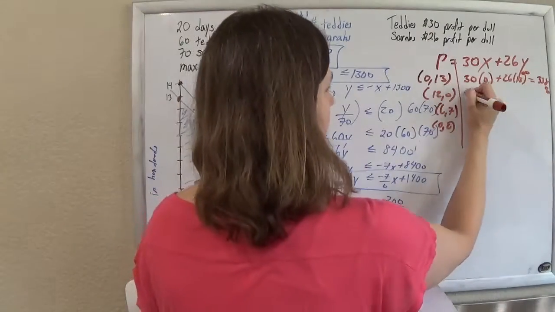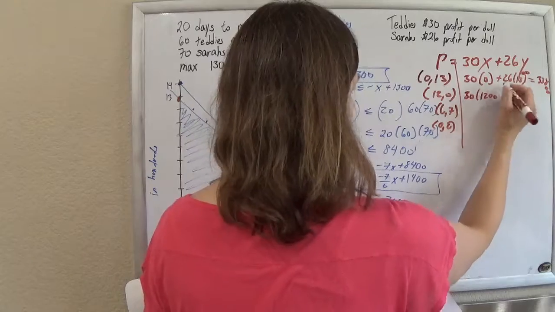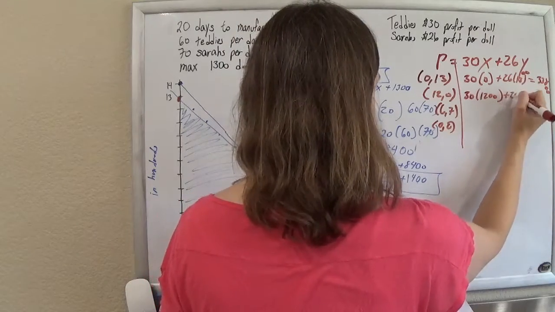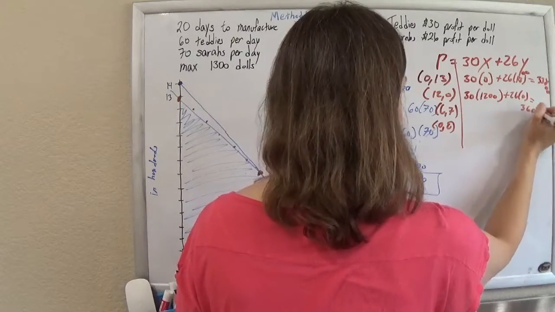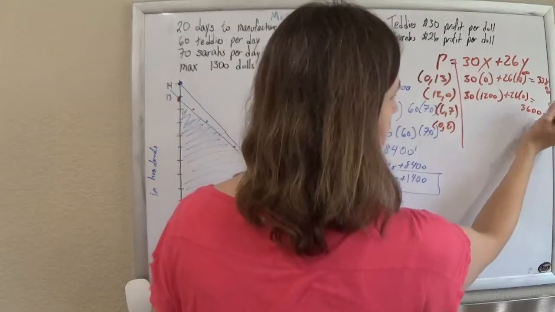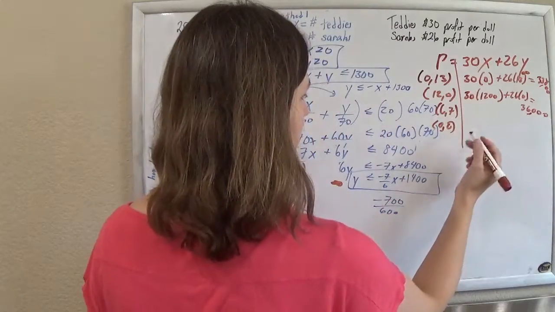And then here we have 30 times 1200 Teddies plus 26 times 0, that's going to give me 36,000, versus 33,800, so far this one's winning.